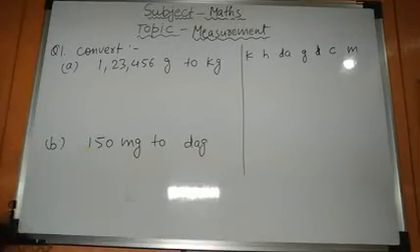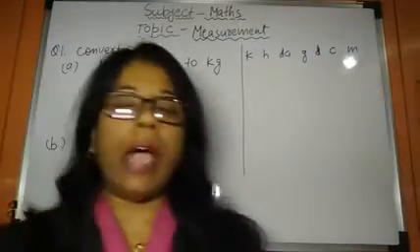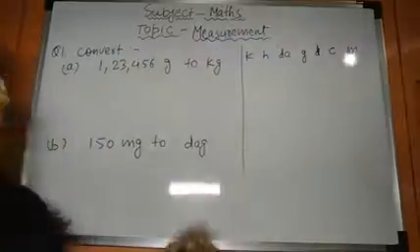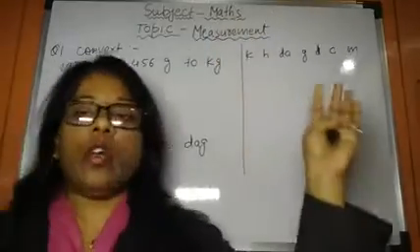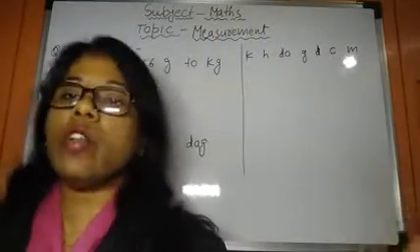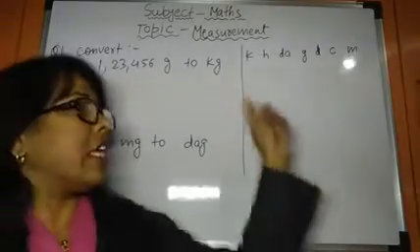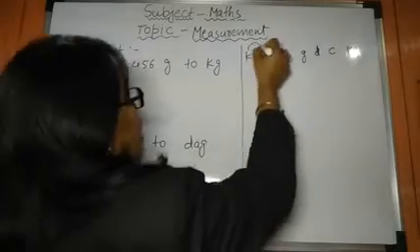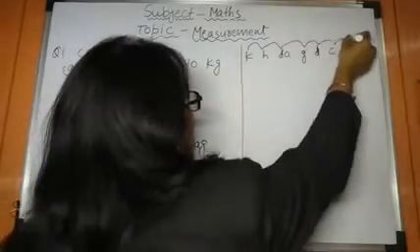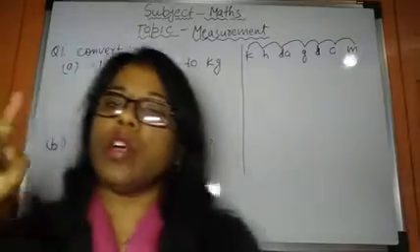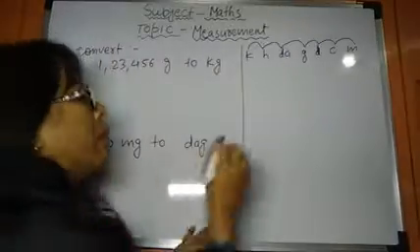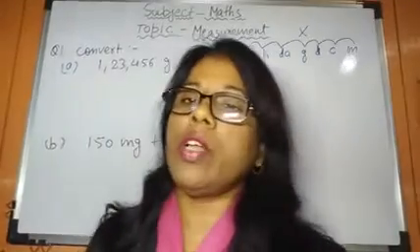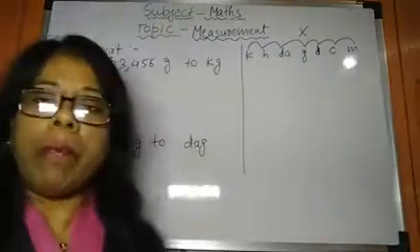After making the rough diagram, you know that kilo to hecto, hecto to deca, deca to gram, gram to deci, deci to centi, and centi to milli is the conversion from bigger unit to a smaller unit. When you go from bigger unit to a smaller unit, you have to multiply.